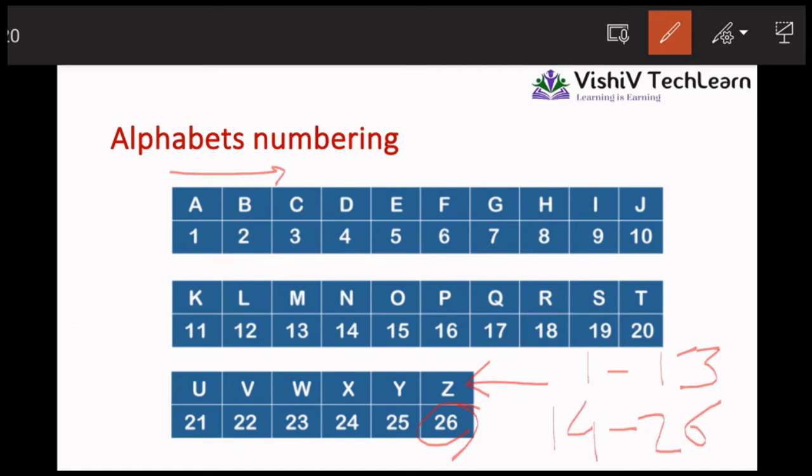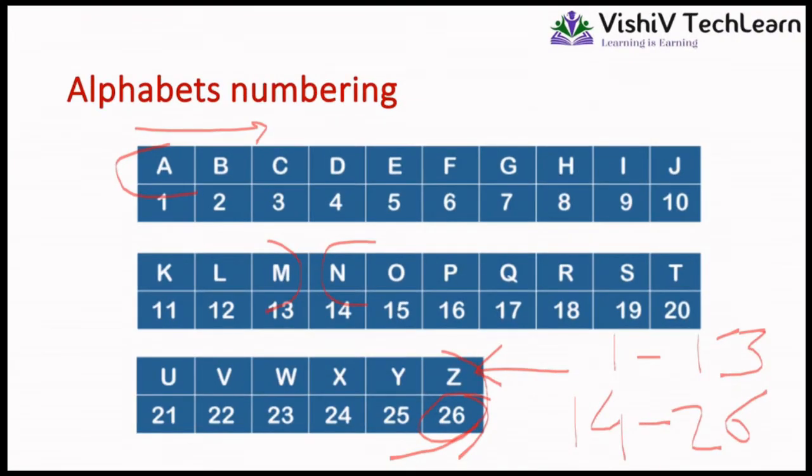So 1 to 13 is A to M, which is 13 alphabets, and from 14 to 26, that is N, O, P, Q onwards, we have another set of alphabets. So A to M, N to Z, that will be the basis of remembering these alphabets.